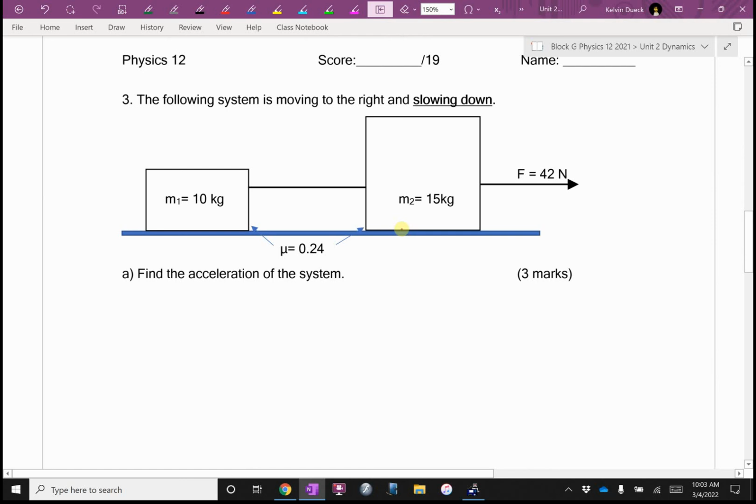Now we're moving to the right and slowing down. Well, still M1G, normal force 1, tension, but now I guess I got friction force 1.